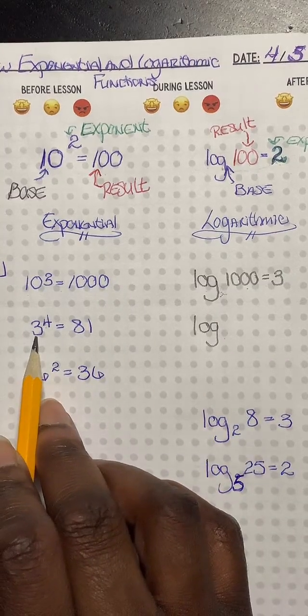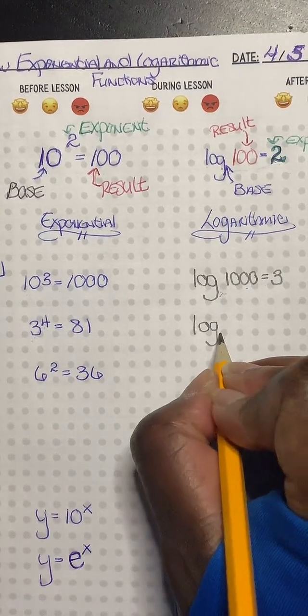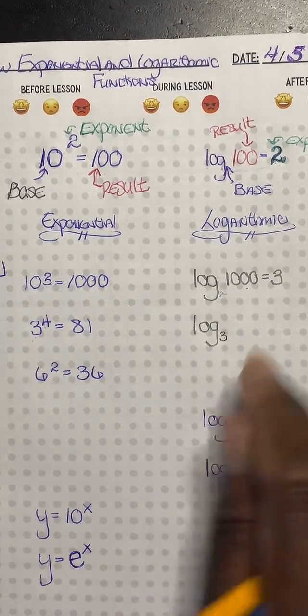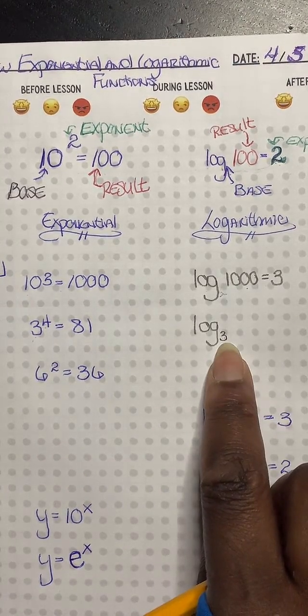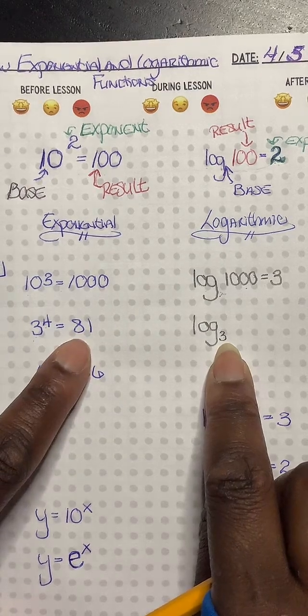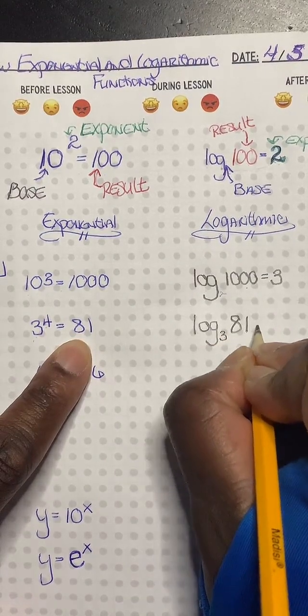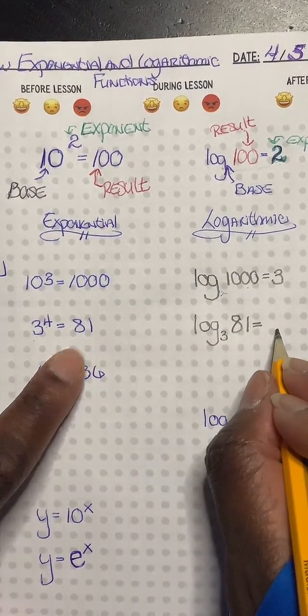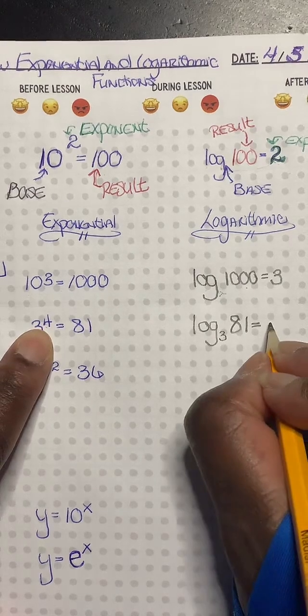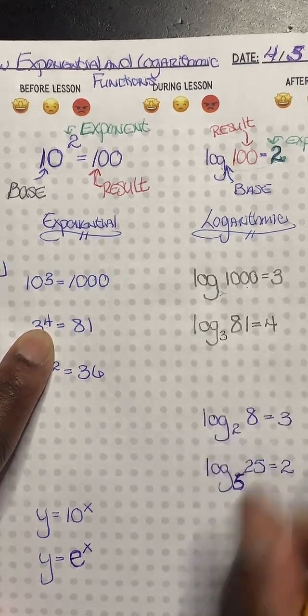Our base here is a 3. So I'm going to put a 3 as the subscript. Okay, it's a small 3. You're going to put the result. The result is 81 right next to it. And it's going to equal your exponent, which is a 4.